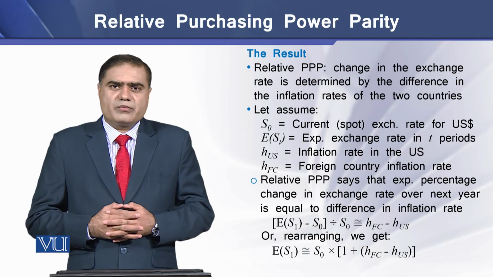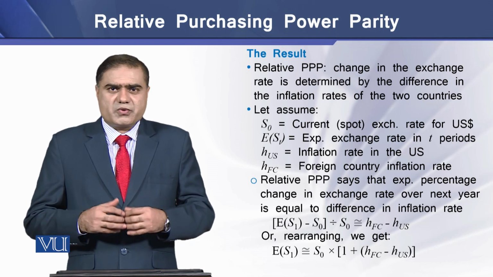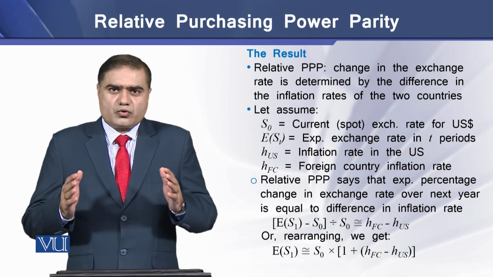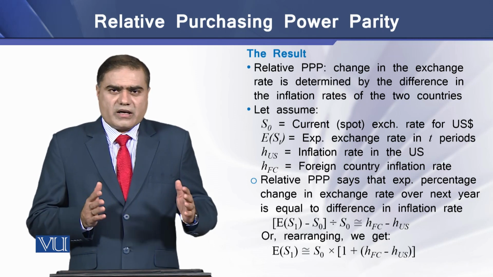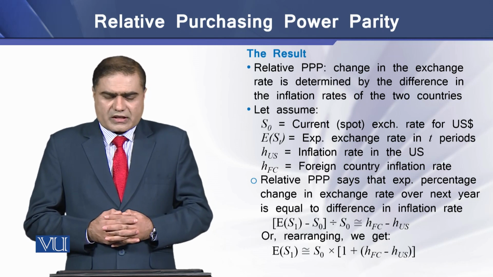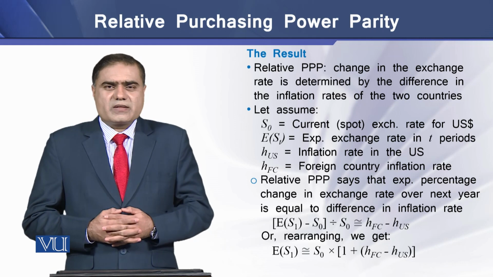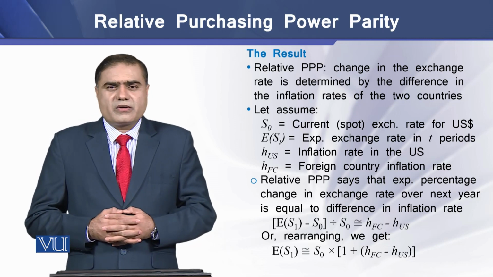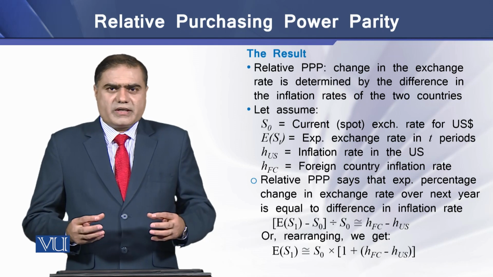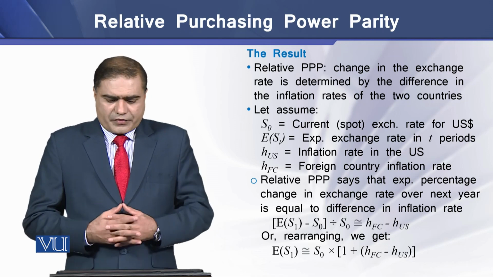So using these notations, relative purchasing power parity says that the expected percentage change in the exchange rate over the period is equal to the difference in the inflation rates. If we put this statement into equation form, the equation has two sides. The left side refers to the percentage change in the exchange rate, whereas the right side refers to the difference in the inflation rates of the two countries.